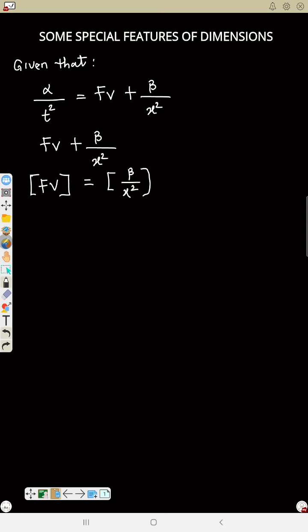Now, what is fv? We have seen in the question that f is force and v is velocity. Now if we do the two, what is fv? If f is a force, the dimension of force is MLT raised to power minus 2.